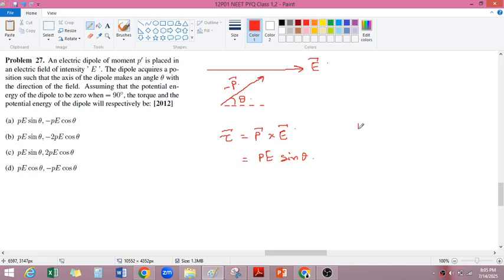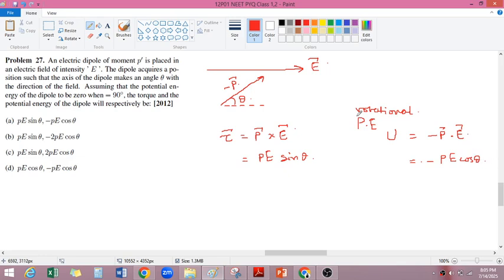And the potential energy, or more accurately, the rotational potential energy U, is equal to minus P dot E. Go back and study these formulas, or it's all given in your handbook also. So minus P dot E means minus PE cos theta.